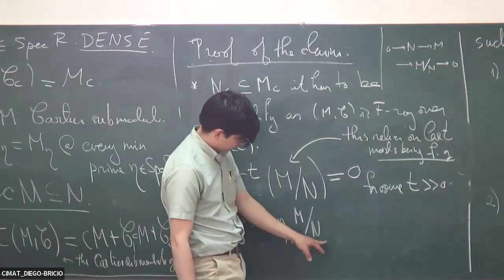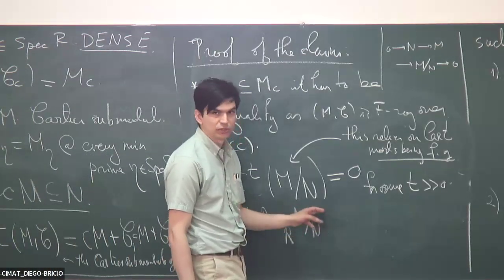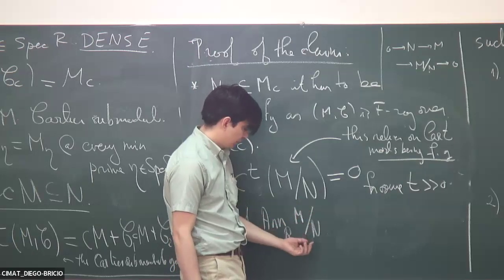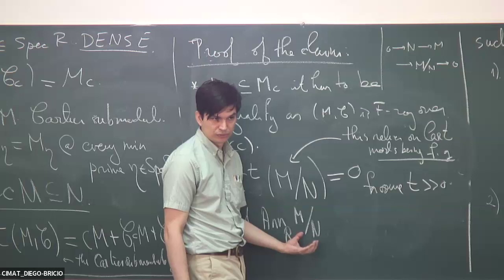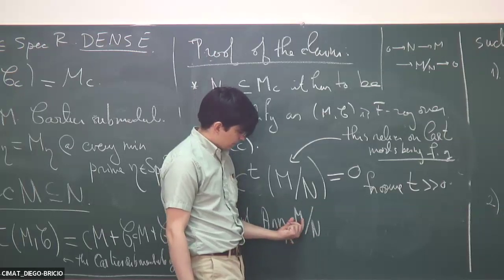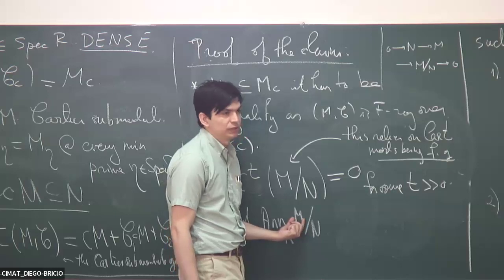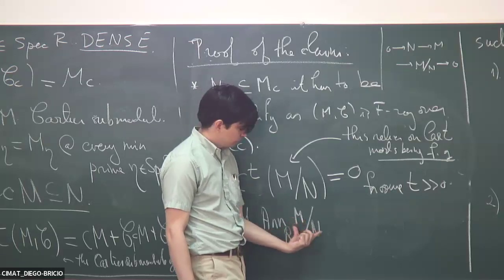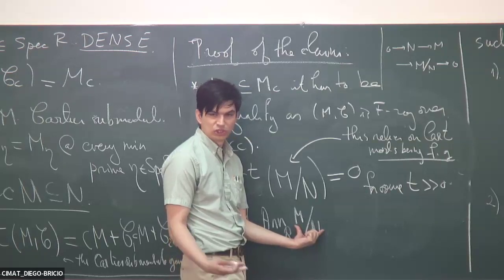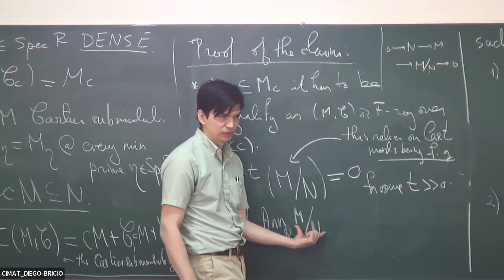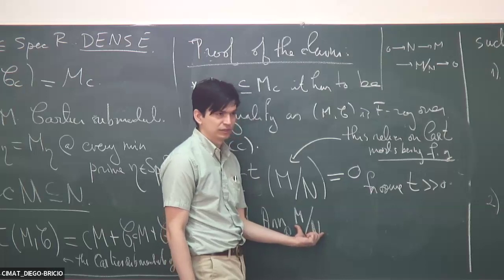First of all, the category of Cartier modules is abelian, so this quotient, this cokernel, is a Cartier module, right? But M is being assumed to be F-pure. So this Cartier module, this quotient, is pure too. Quotients of pure modules are pure. That's pretty okay, I would say.